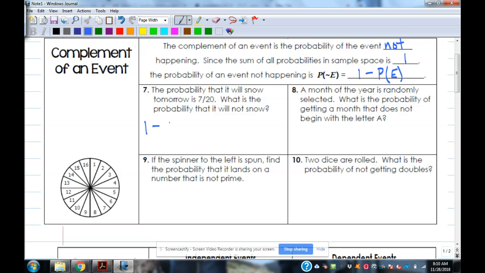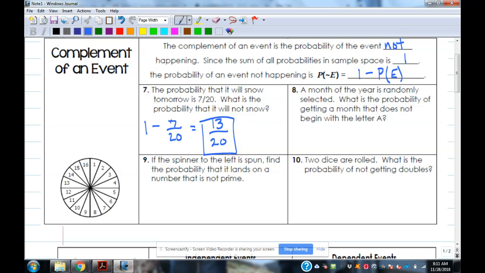We would say 1 minus 7 over 20, which would be 20 over 20 minus 7 over 20, 13 out of 20. So given that the probability of it snowing is 7/20, the probability of it not snowing is 13 out of 20.